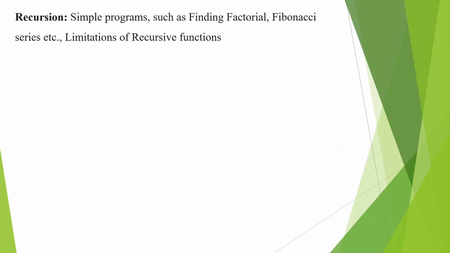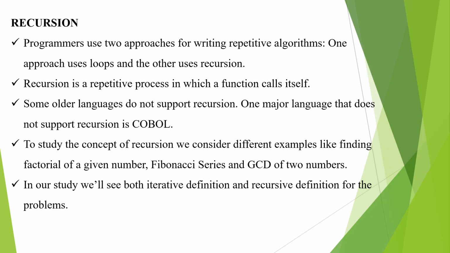This is recursion. What is recursion? First, we need to understand what its importance is in our C programming. Whenever we have to go for a repetitive algorithm, repetition means executing the same statements more than one time.